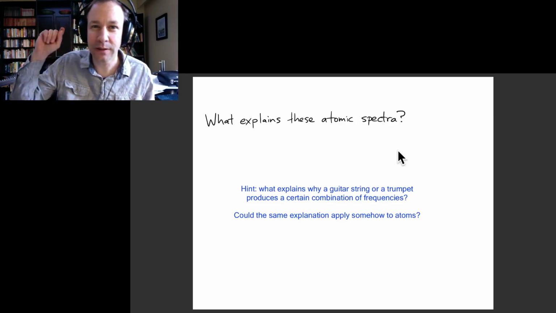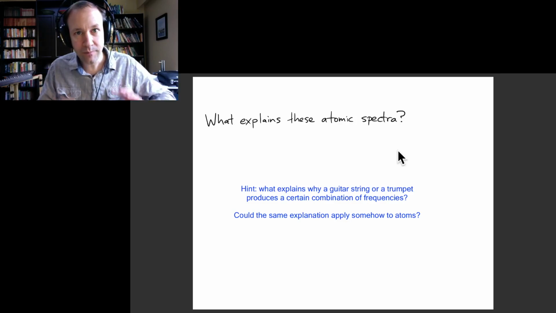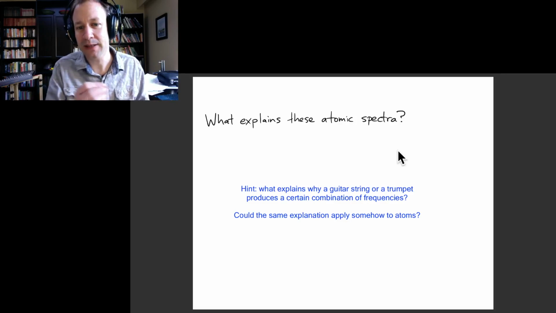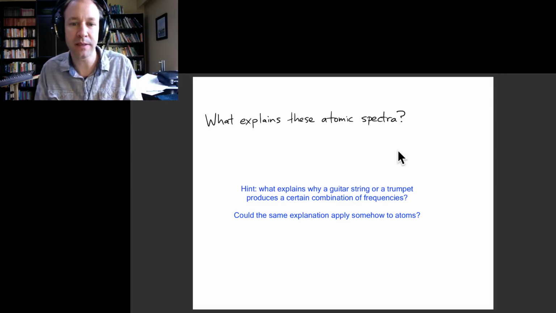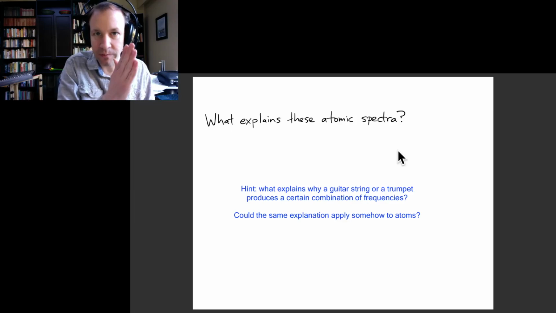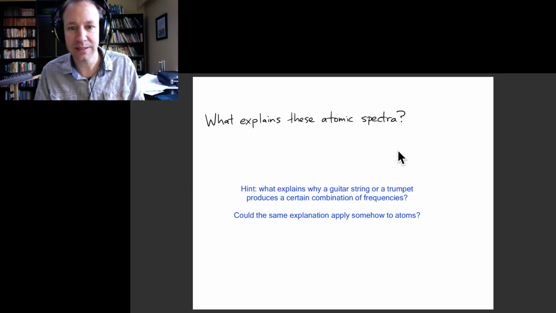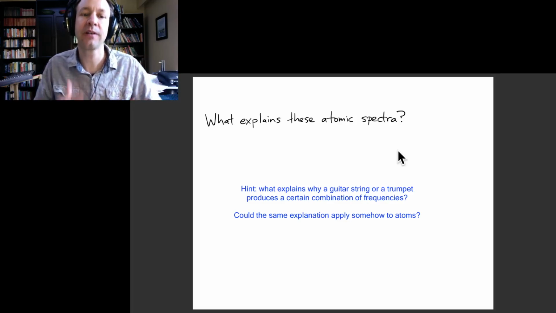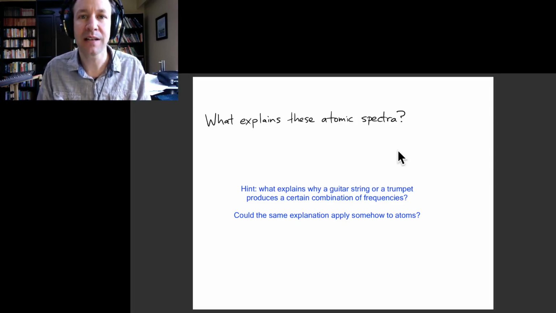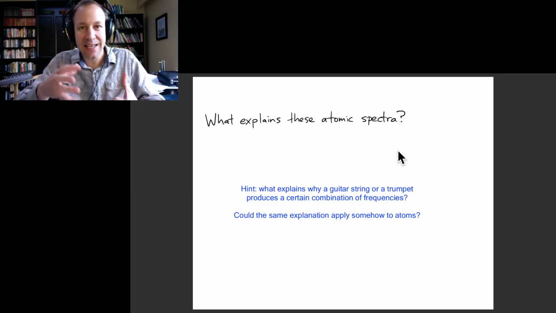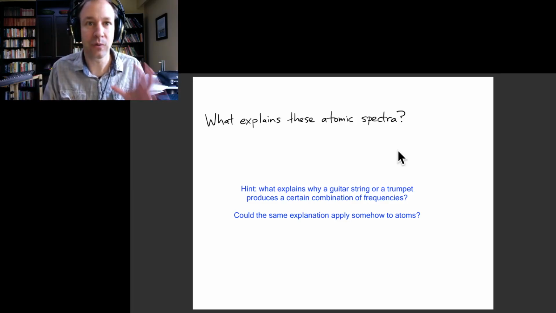What I want you to think about is, from our previous discussions, what explains why a guitar string or a trumpet produces a spectrum that has sounds at very specific frequencies? And you can think about whether that same explanation could apply somehow to atoms. I'll talk about the resolution of this in the next video, and that will actually end up getting us to the subject of quantum mechanics.